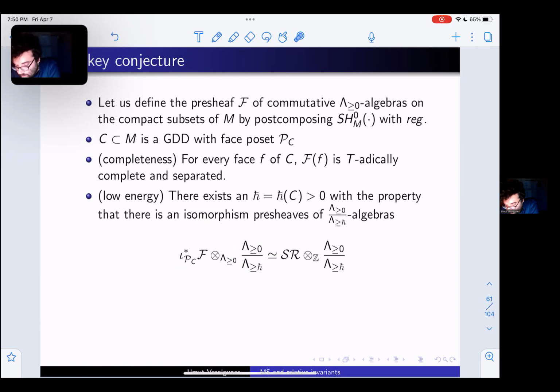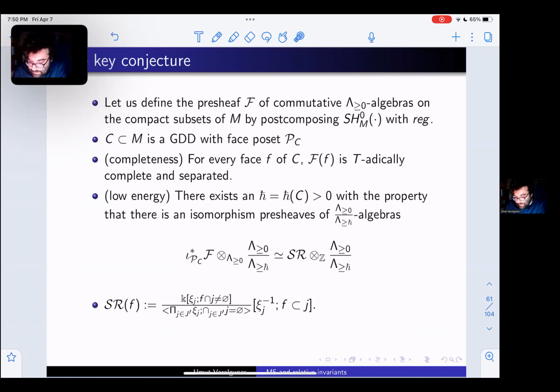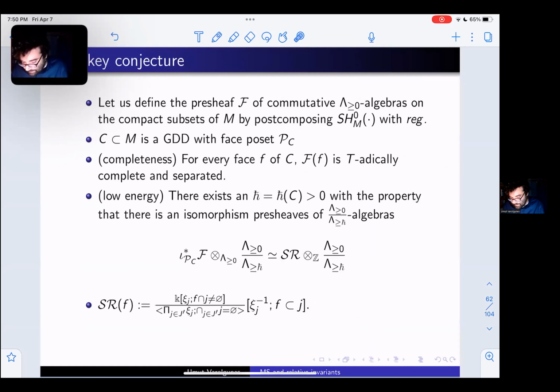Okay, so I claim that it's isomorphic to this other presheaf on this face poset. This SR is for Stanley-Reisner, and it's what you expect if you've seen this before.